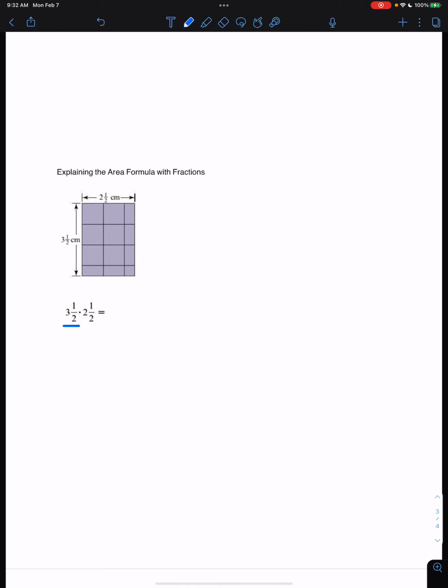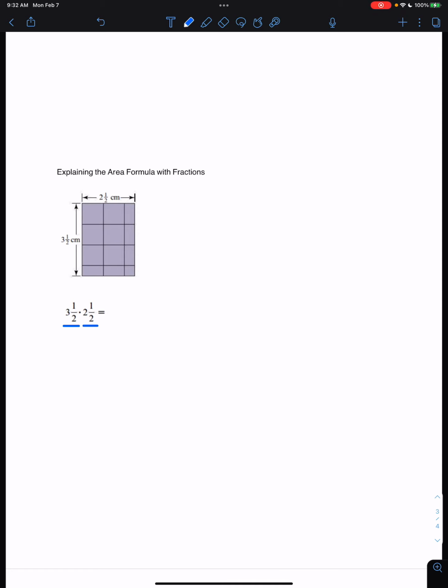So we have 3.5 times 2.5 to find our area. What does that actually mean? And how can thinking about what it actually means help us to find the correct answer?